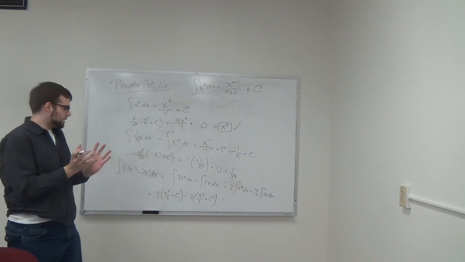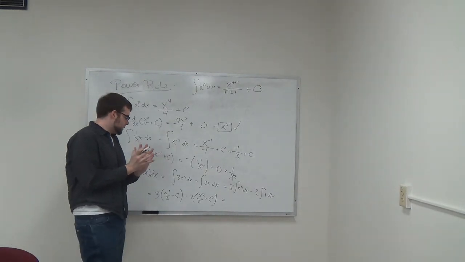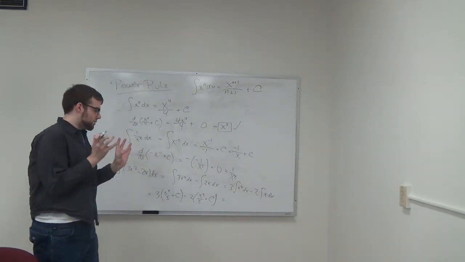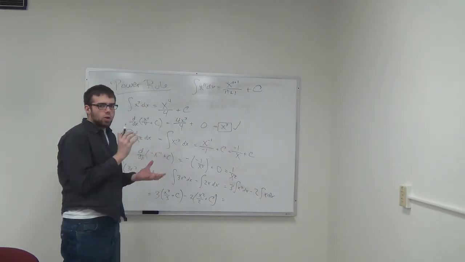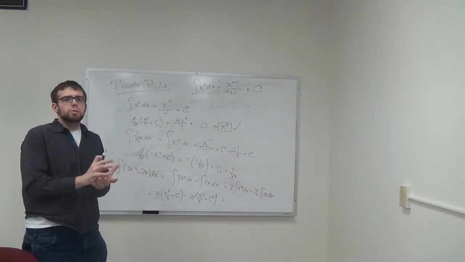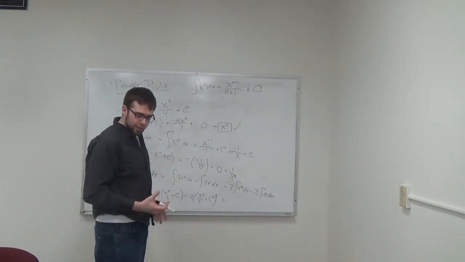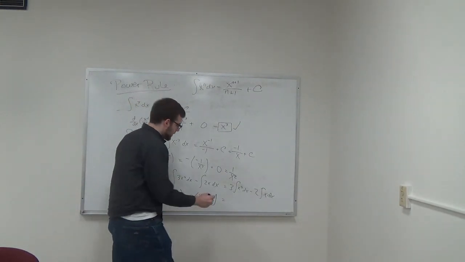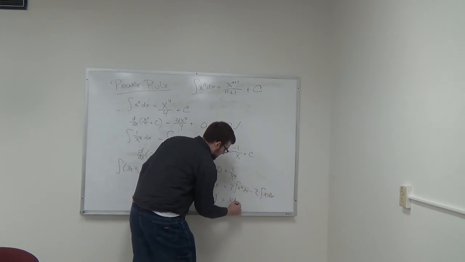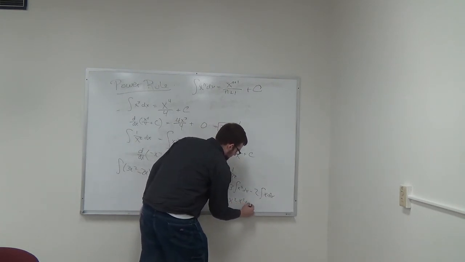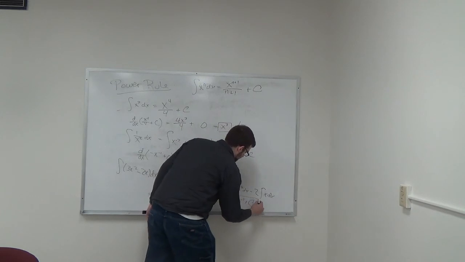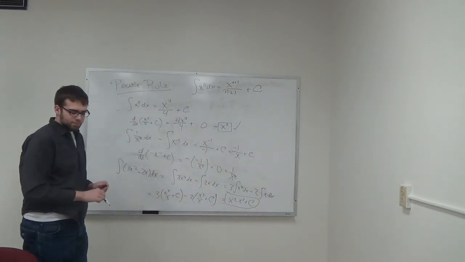So if you get confused as to why we have two constants, don't. All I'm doing is basically just absorbing the constants into each other, because we can do that. We end up getting x cubed minus x squared plus c as our answer.